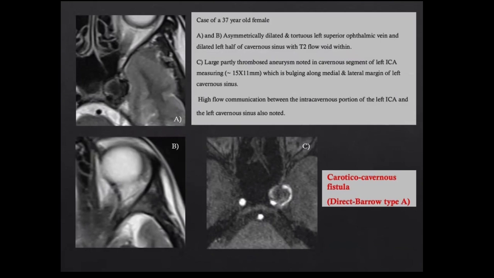Large, partly thrombosed aneurysm was noted in the cavernous segment of left ICA, which is bulging along medial and lateral margin of left cavernous sinus. High flow communication between intracavernous portion of left ICA and left cavernous sinus is also noted. Carotico-cavernous fistula, direct Barrow's type A, was diagnosed.